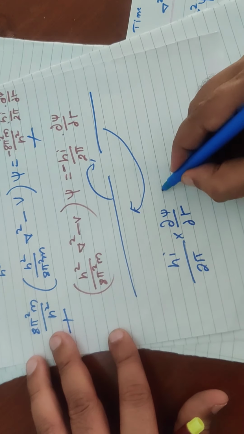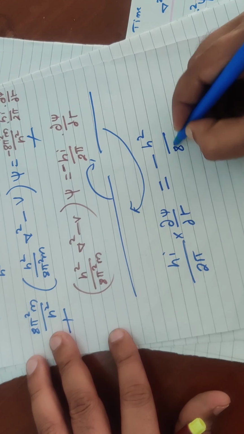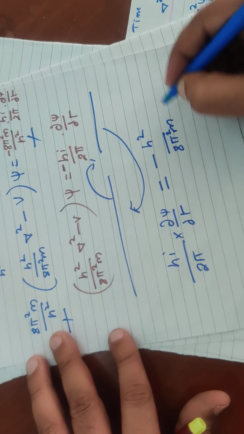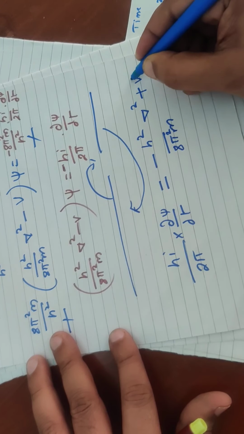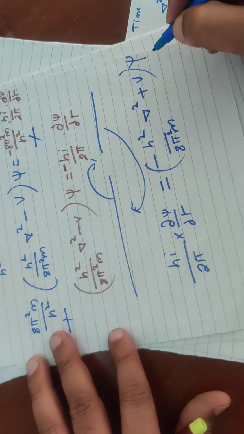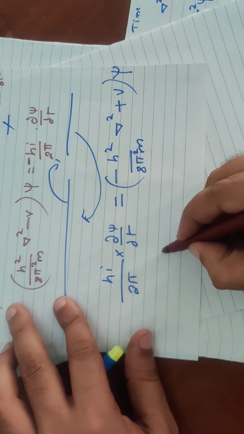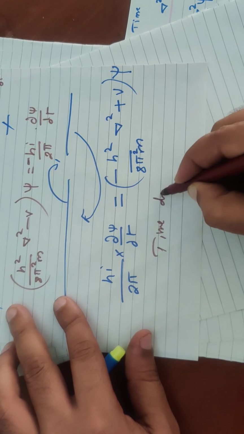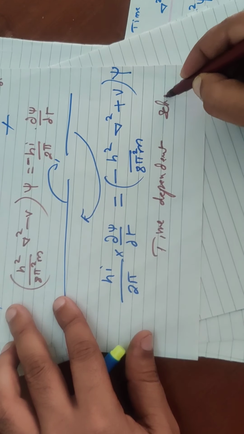And this will be equal to minus h square upon 8 pi square m into del square plus V, whole multiplied by psi, right? So this is nothing but the time dependent Schrodinger wave equation.